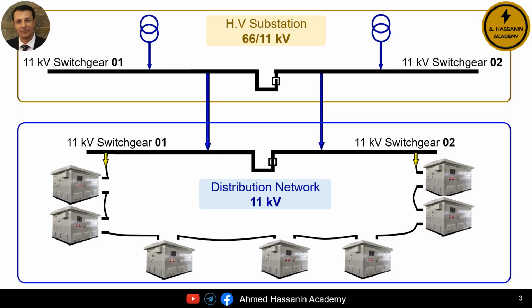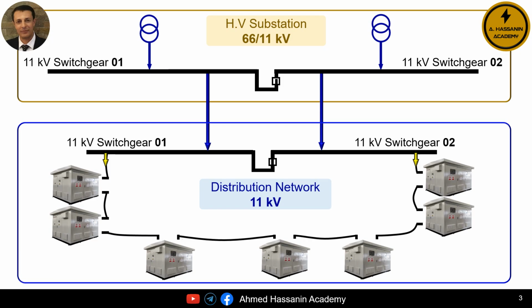Then, a set of medium voltage cables continues in an incomer-outgoer, or in and out configuration, from one kiosk transformer to the next, until reaching the end of the ring system in the distribution network, which is the last kiosk transformer, also connected to the medium voltage cable, in yellow, coming from distribution switchgear panel number 2.